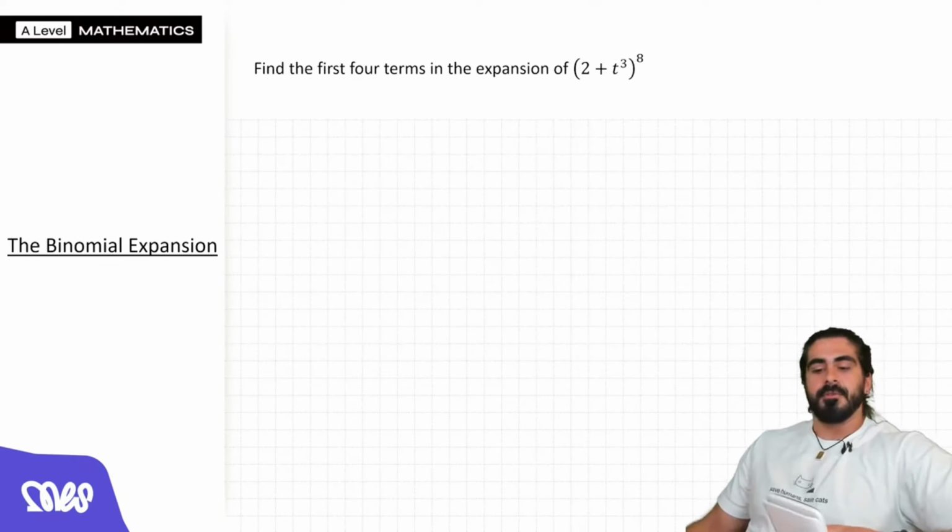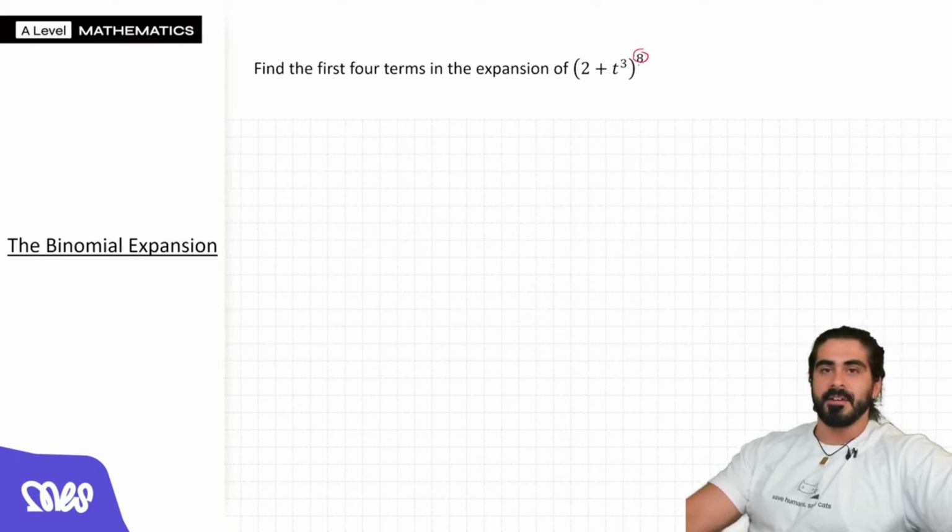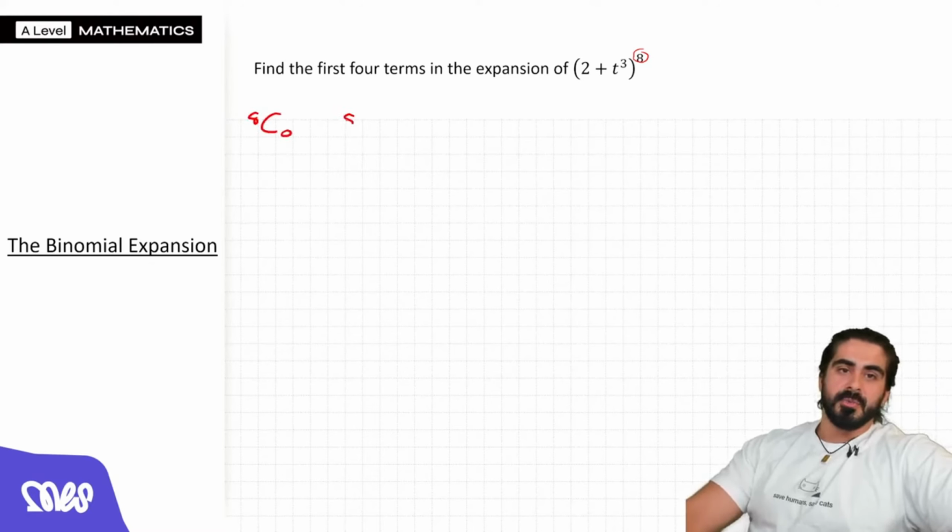So, power 8. Power 8 means we want the 8th row of Pascal's triangle. 8th row means we want 8 choose 0, 8 choose 1, 8 choose 2, 8 choose 3. Can you see they only want the first 4, like I said?